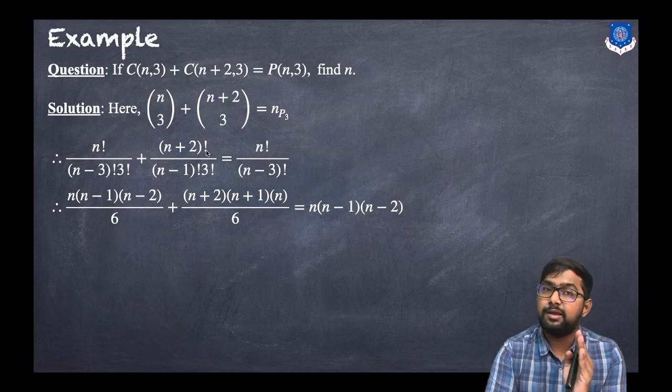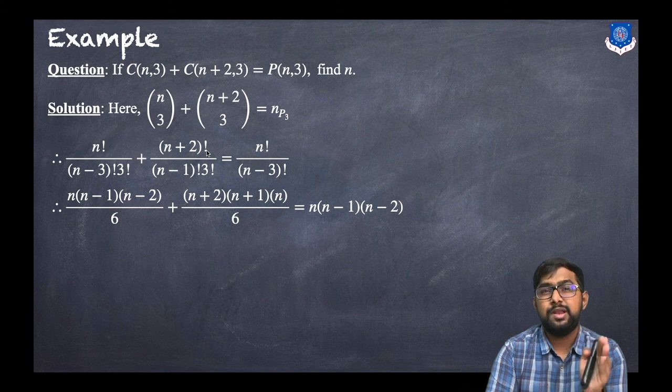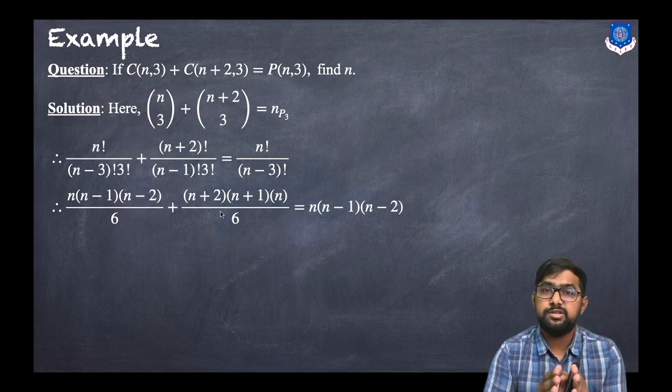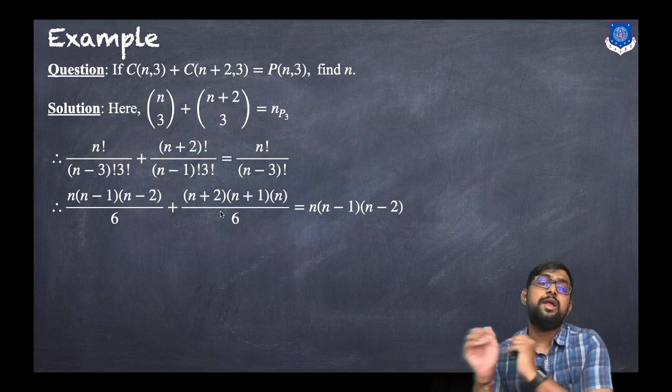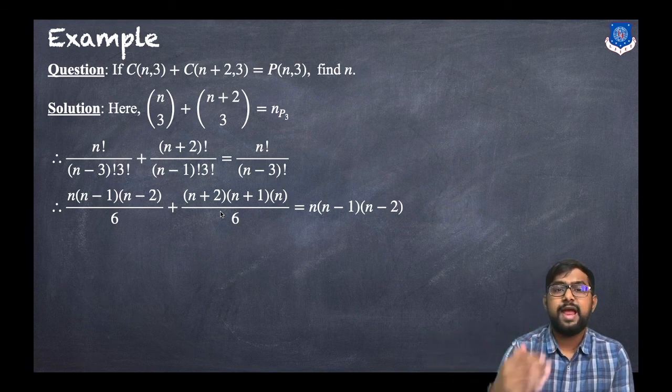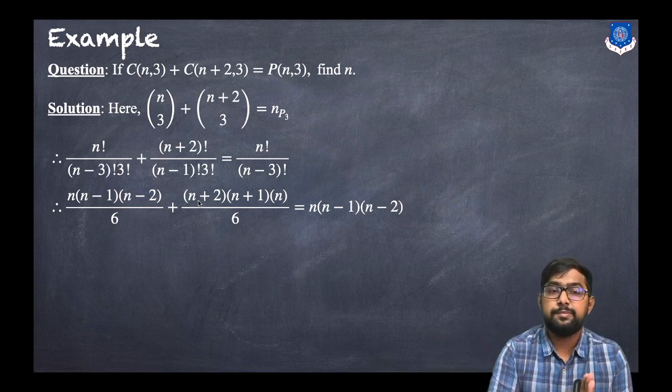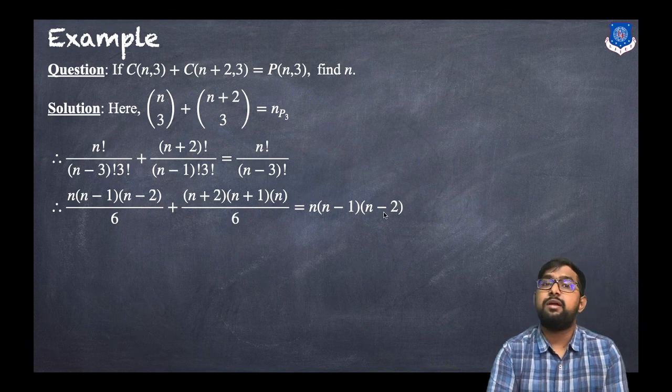In the same manner, (n plus 2) factorial is (n plus 2), (n plus 1), n into (n minus 1) factorial, which will be cancelled. So the remaining will be (n plus 2), (n plus 1) and n, divided by 6. And on the right hand side, n factorial can be written as n, n minus 1, n minus 2 into (n minus 3) factorial, and that is n(n minus 1)(n minus 2).